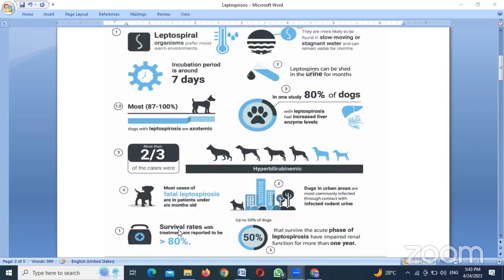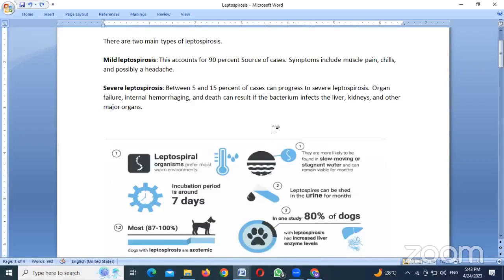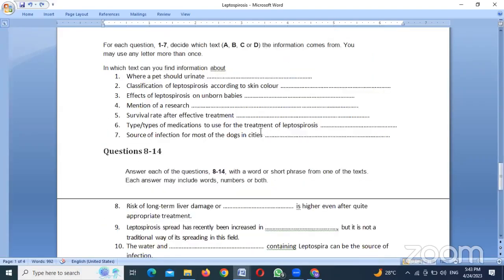So if you do very good, quick skimming and scanning at the start, it is very easy to guess in which text you can find the answer. Okay, so just continue, Miss Farah. In which text is it possible to find the answer to this question?